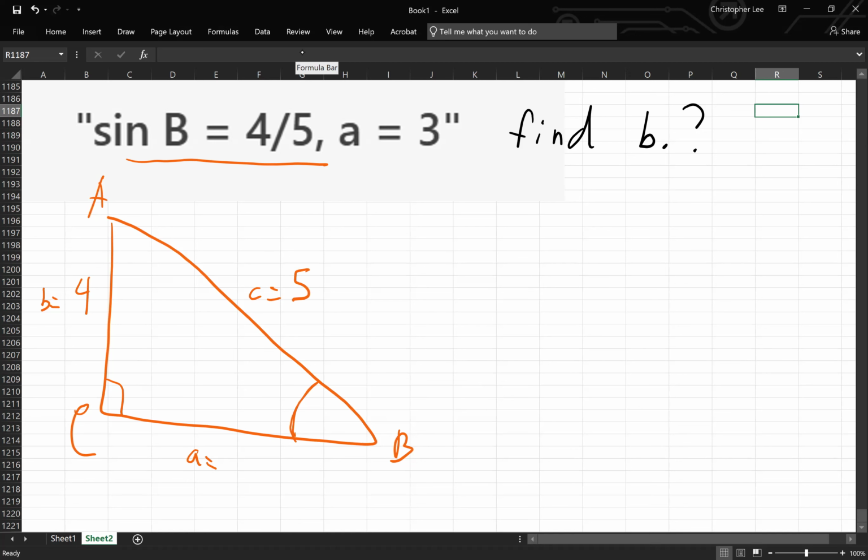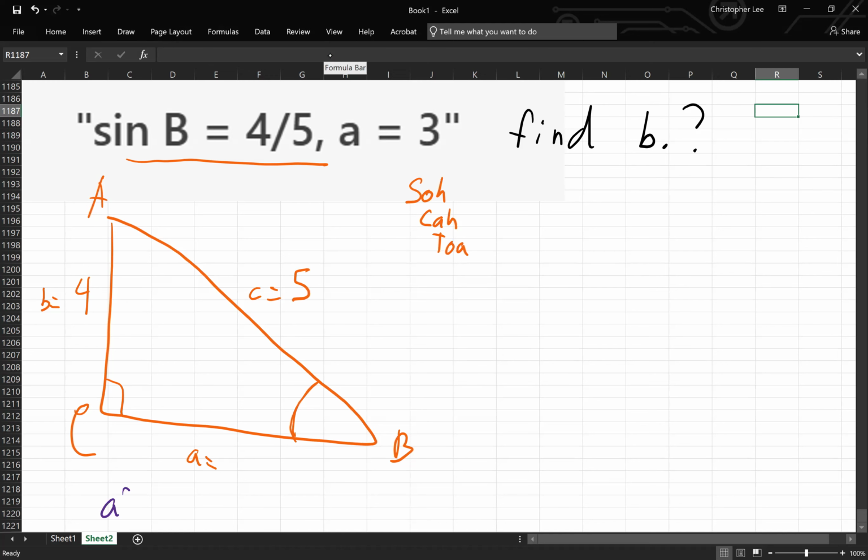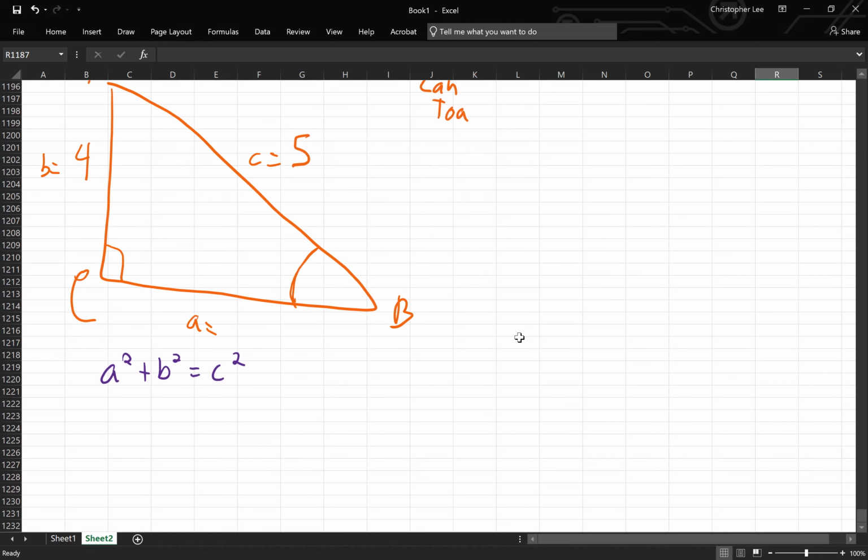Very good, right? And that's coming from SOHCAHTOA, right? Sine is opposite over hypotenuse. But I need to figure out what that A is. Pythagorean theorem, right? A squared plus B squared equals C squared. In this case, it's going to be A squared plus 4 squared is equal to 5 squared.